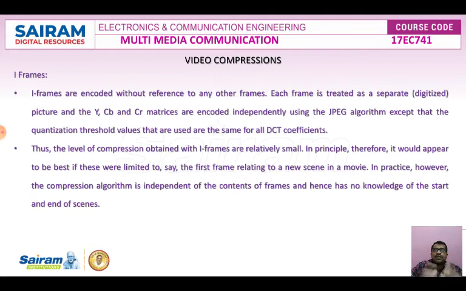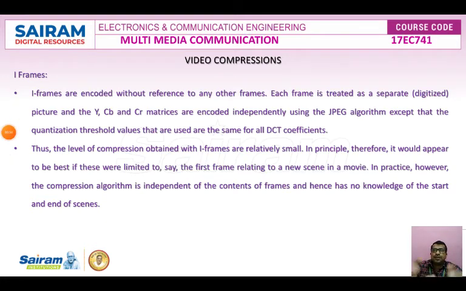The first frame relates to a new scene in a movie. In practice, however, the compression algorithm is independent of the frame contents and has no knowledge of the start and end of a scene. I-frames must be present in the output stream at regular intervals in order to allow the decoder to start decoding the content.